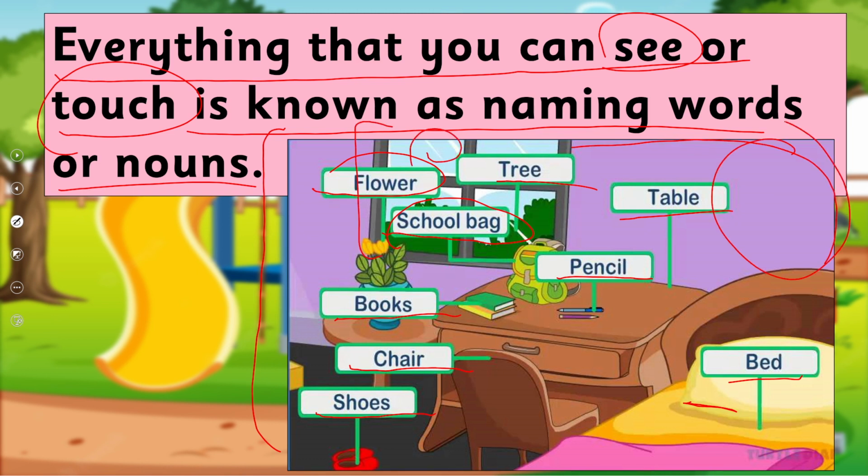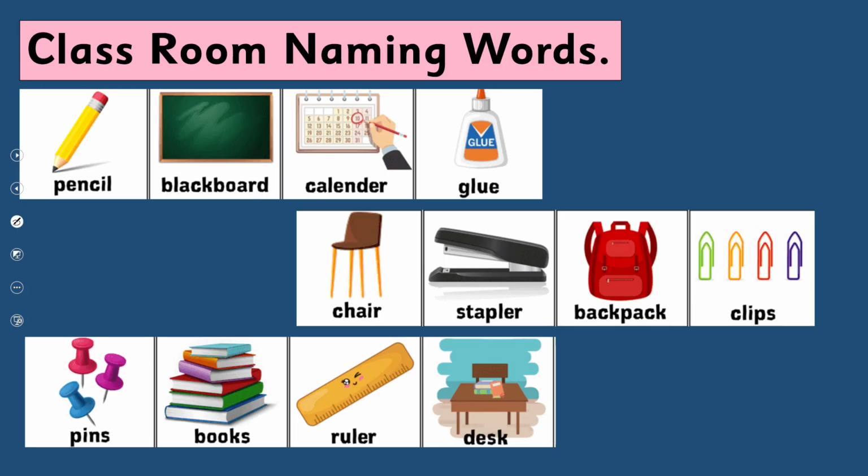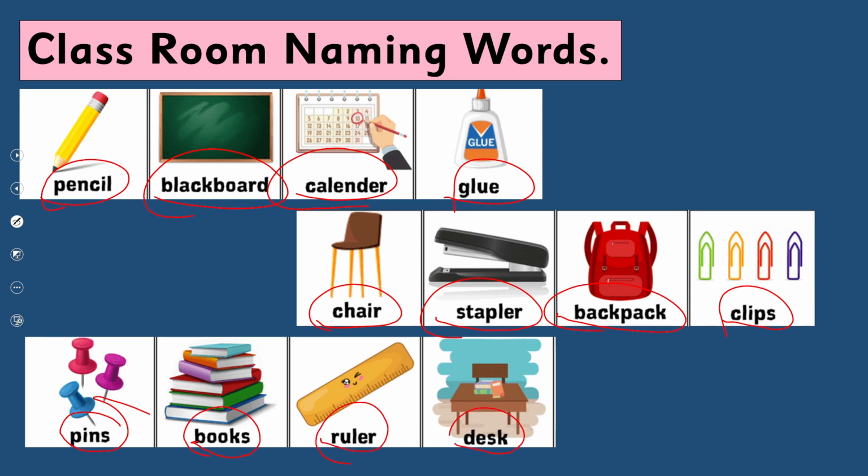You see, there are many naming words. If you are sitting in your classroom, there are many things: pencil, blackboard, calendar, glue, chair, stapler, your backpack, your clips, paper clips, pins, books, ruler, desk. Even there are many more things we have not named over here, right?